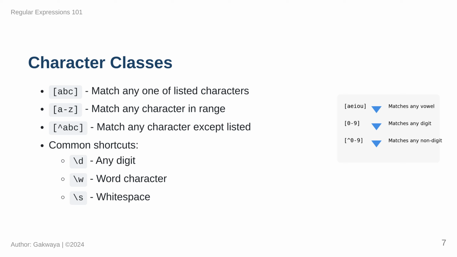The caret inside brackets has a special meaning, it negates the class, so caret 0-9 means anything except a digit. The shortcuts like \d and \w are just convenient ways to write common character classes. \d is the same as 0 to 9, and \w is the same as a-z, A-Z, 0-9, and underscore.